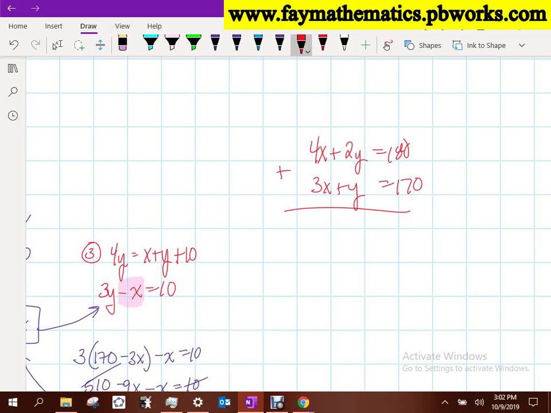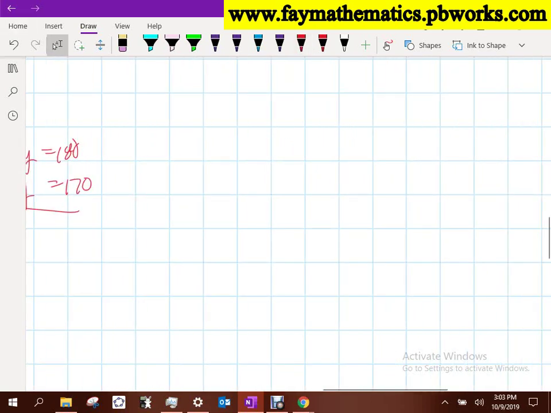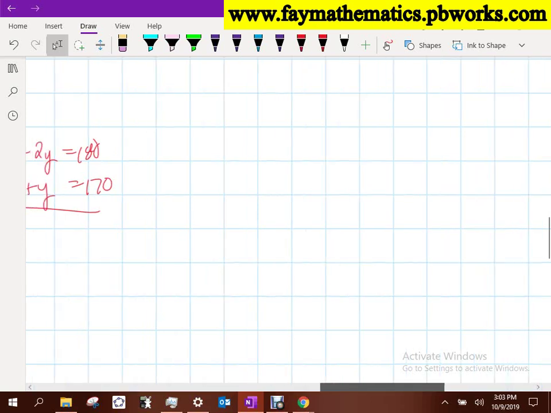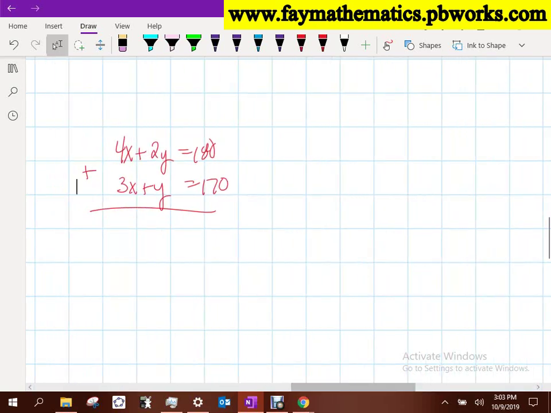Either the x's were opposite or the y's were opposite. We don't have that here, right? But one of the properties that we learned last year is that we can manipulate any one of these equations, either one of them or both of them, any way we want to through multiplication or through division. Okay, usually people like to stay away from division though.